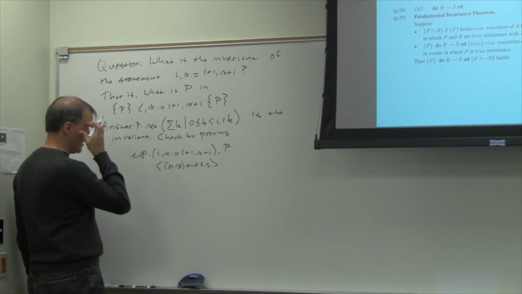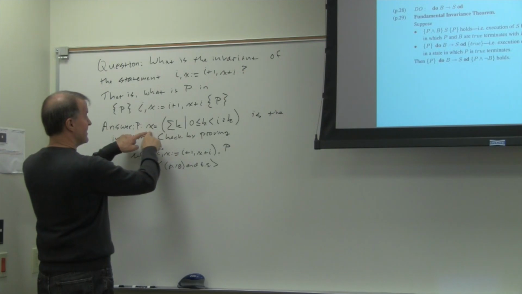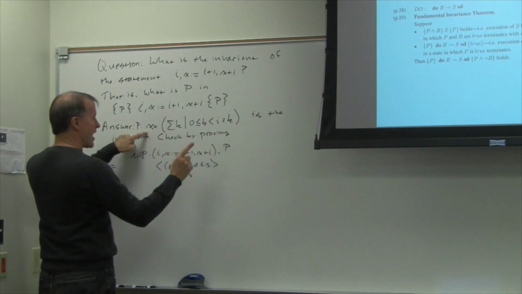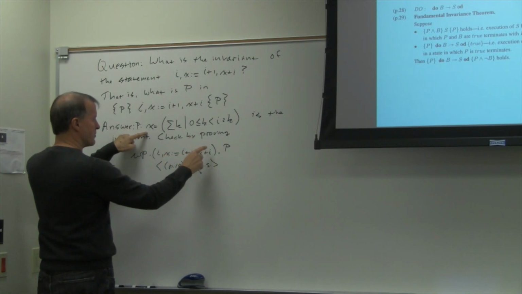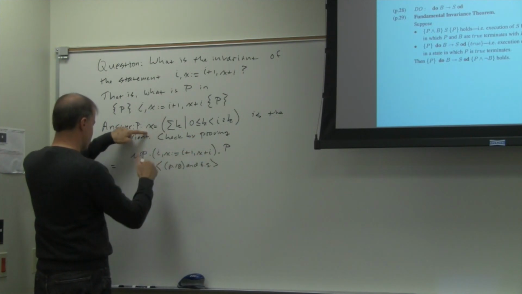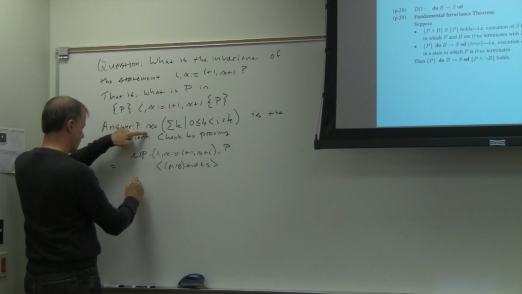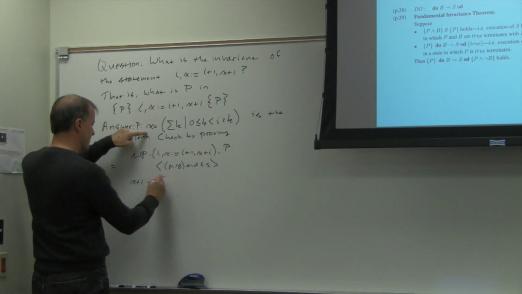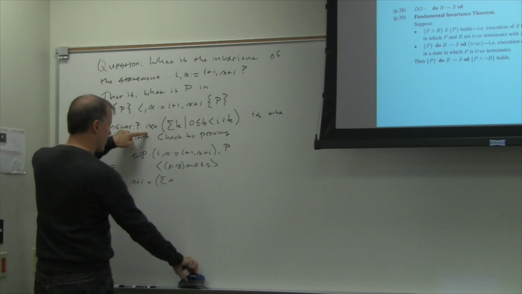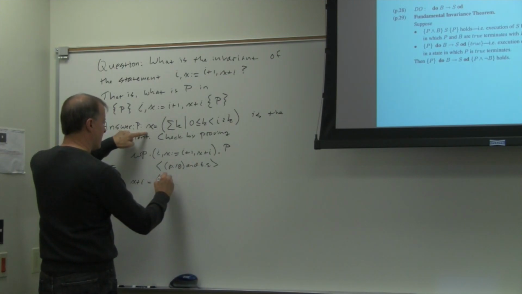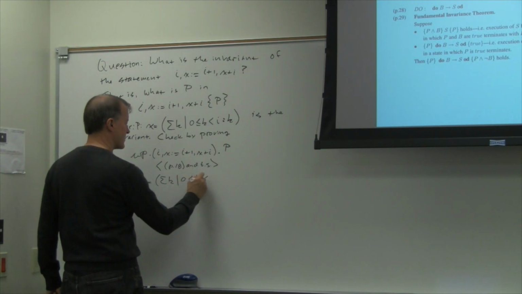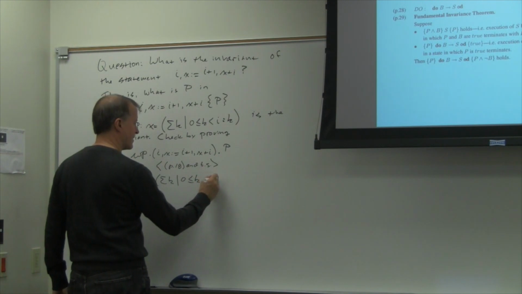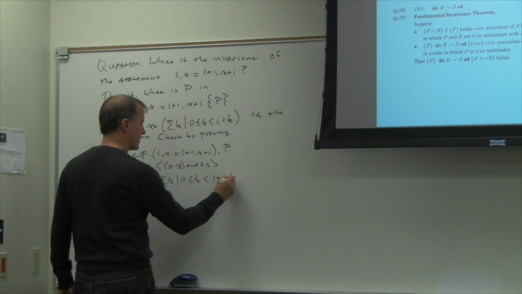It's this, only everywhere there's an I, we put I plus 1, and everywhere there's an x, we put x plus I. So what will this be? x plus I equals sum on k; everywhere there's an I, we do I plus 1. So this is 0 less than or equal to k less than I plus 1, body k.